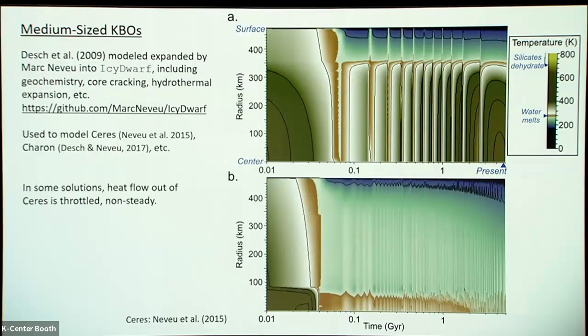So it's like melting the blanket, and then the heat can get out, and then it can freeze the oceans, and then it can repeat this process. The heat is sort of throttled as it's getting out. So you can have these transient and intermittent oceans. Many weird behaviors are possible. And this is one type of model for Ceres.